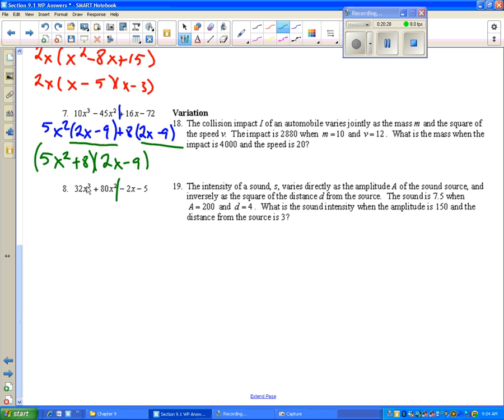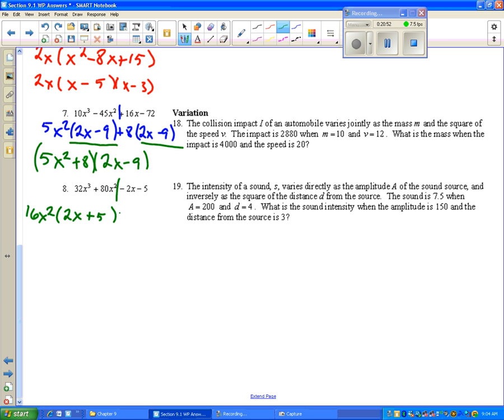Here, at 32x cubed plus 80x squared, I think I can take out a 16, which, excuse me, I need to take out not a 16, but a 16x squared, which is going to leave a 2x plus 5.